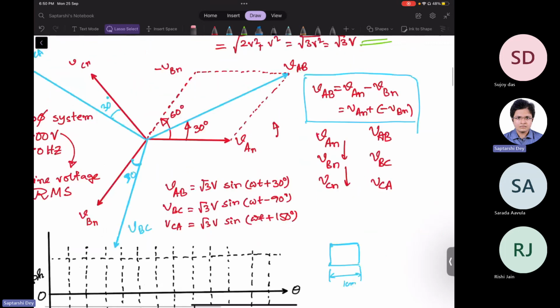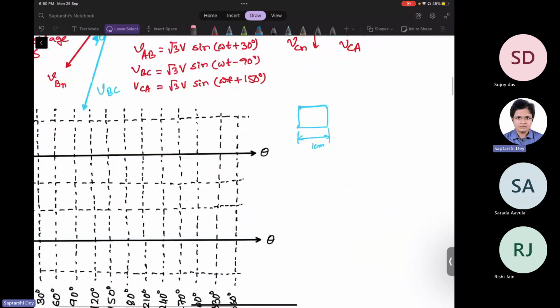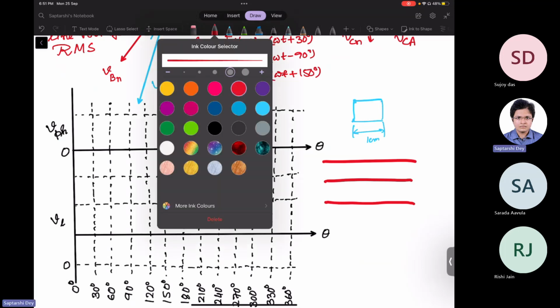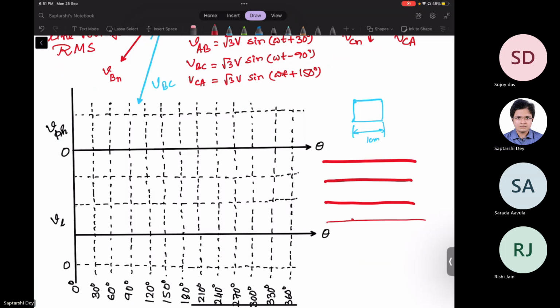remember that the neutral wire is not always available to you. So these three are the lines, and the fourth one is, let us say, the neutral wire.